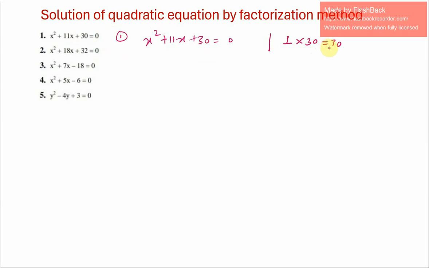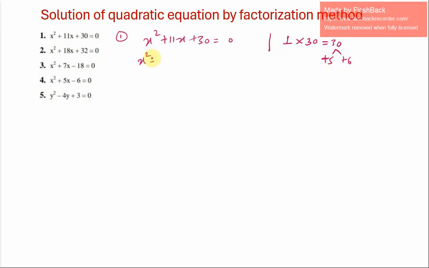So here it is 1 into 30 equals 30, and we factorize 30 as a product of two numbers such that their sum is equal to the coefficient of the middle term. And here the coefficient of the middle term is 11. So I can say 30 can be factorized as plus 5 and plus 6. 6 fives are 30 and their addition is 11.